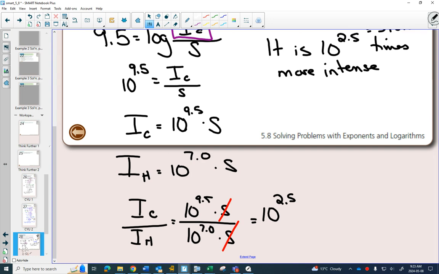So this would be, if you were asked to use the formulas, you would have to get the intensity of one in terms of S, the intensity of the other, and when they're asking you to compare how many times bigger one is than the other, you have to divide them. And you're going to have to do that with pH questions and with decibel questions.